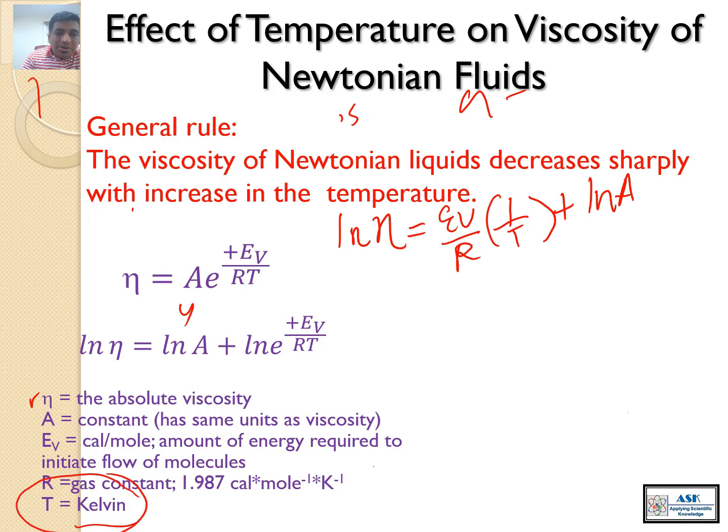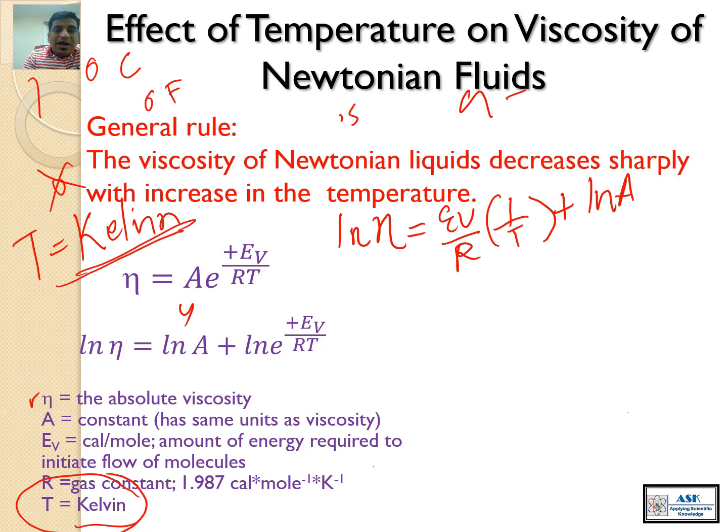So please keep in mind, temperature is always in Kelvin. There is no degree Kelvin, by the way, like degree Celsius or degree Fahrenheit. It's just Kelvin. And why is temperature always reported in Kelvin in such studies? Well, I will be making another video on that one, so please do check that video.